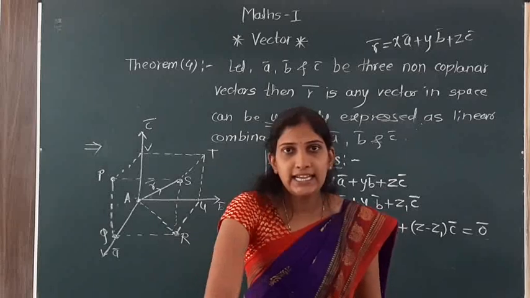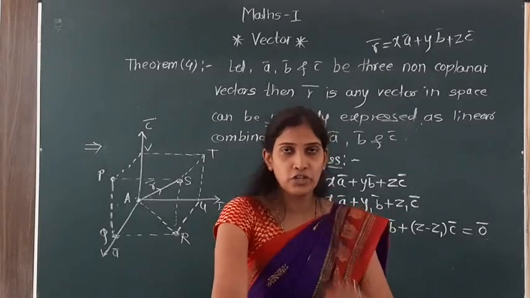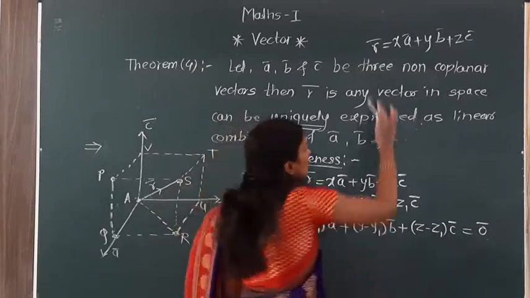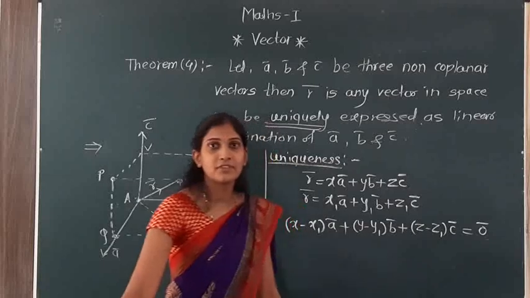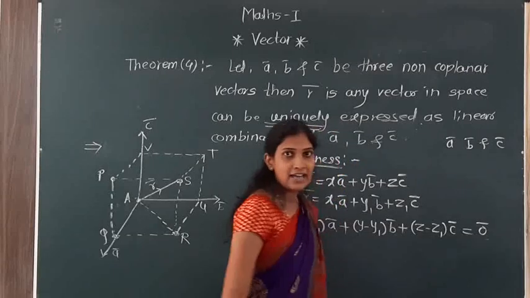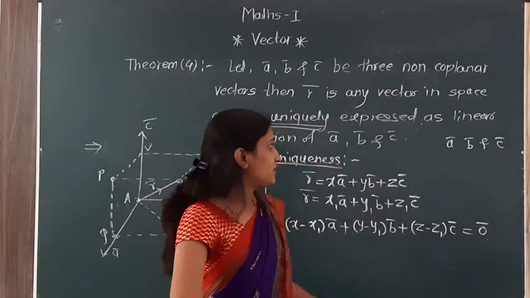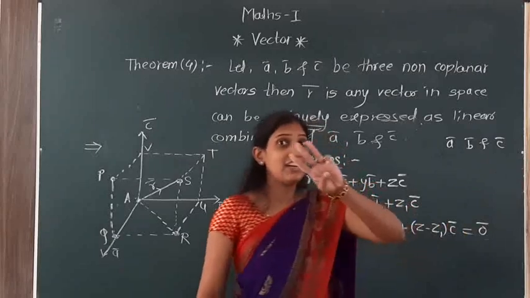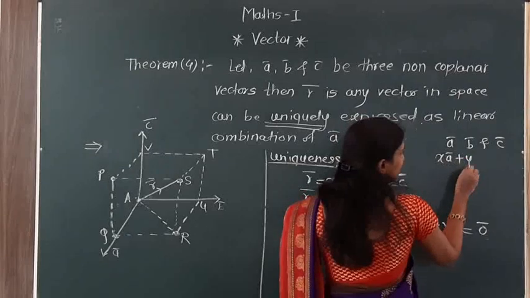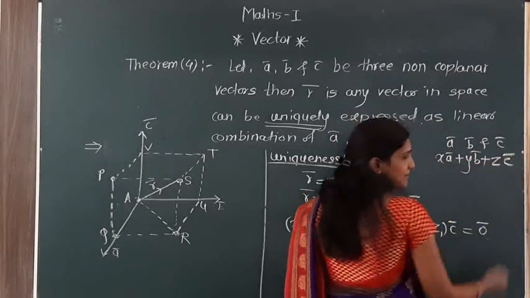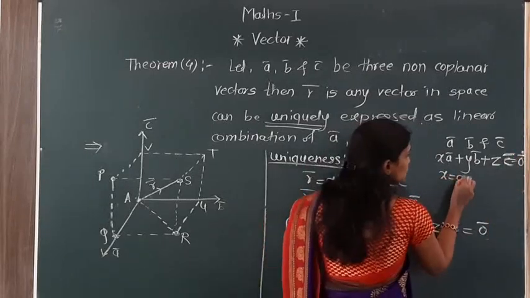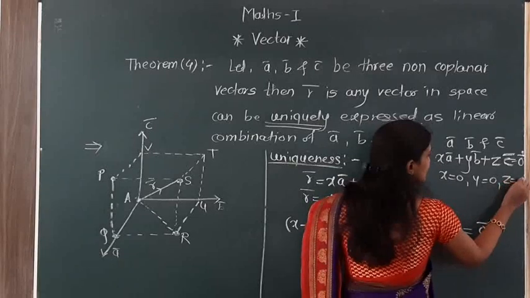Now in theorem third, we studied one corollary. What is that corollary? If three vectors A bar, B bar and C bar are non-coplanar, and a linear combination x A bar plus y B bar plus z C bar is equal to 0 bar, then x is equal to 0, y is equal to 0 and z is equal to 0.